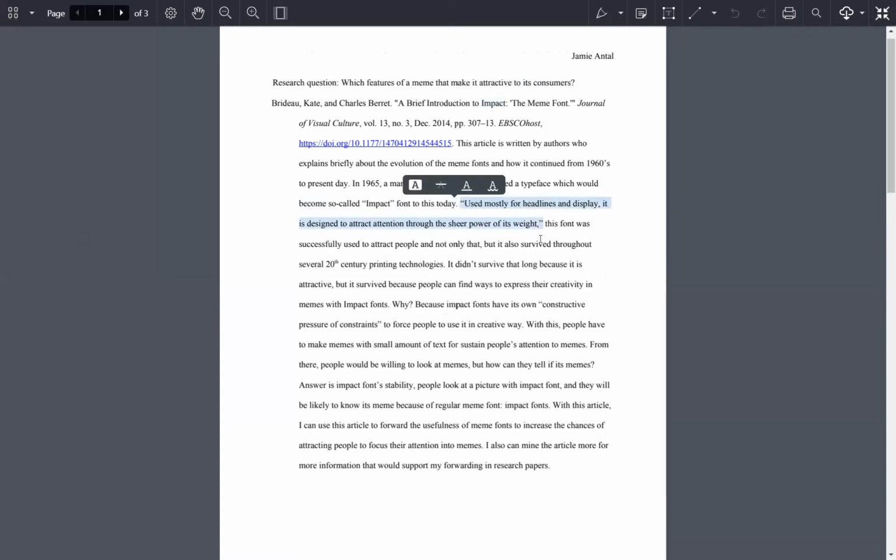Remember, you have to put a page number when you provide a quote. And you talk about the constructive pressure of constraints to force people to use it in a creative way. Really interesting idea. And then you ask this question here, which seems like a really important question to ask. This is a nice job of coming to terms with this article and mining it for important ideas.